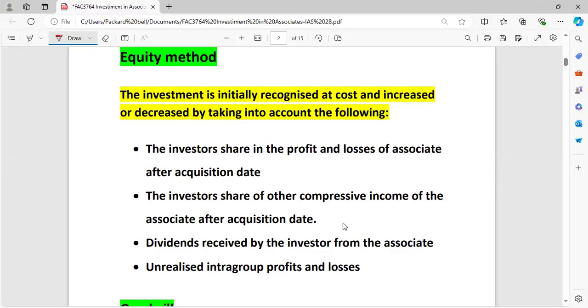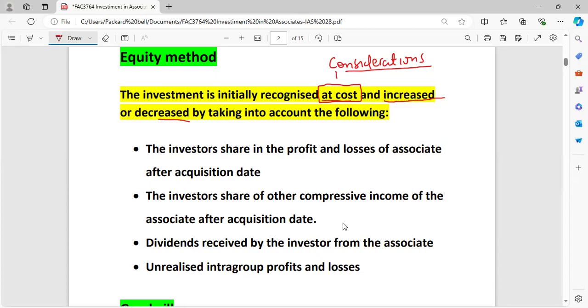When you are using the equity method, the investment is initially recognized at cost, which means you take the cost of the investment. Remember, the cost of the investment is the consideration which was paid. On that consideration paid by the investor, you then look at anything that is going to increase or decrease this cost of the investment.